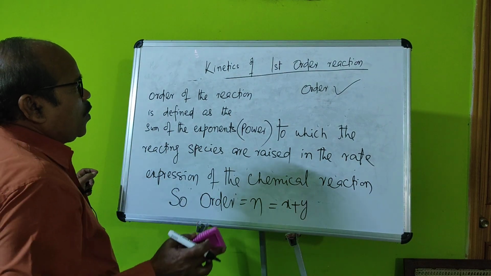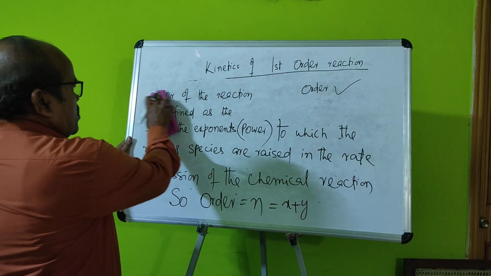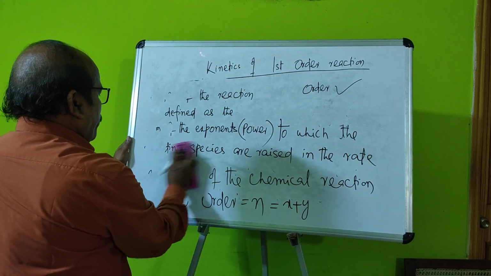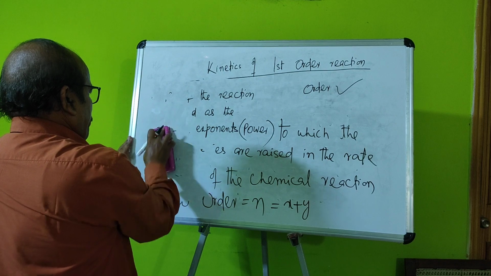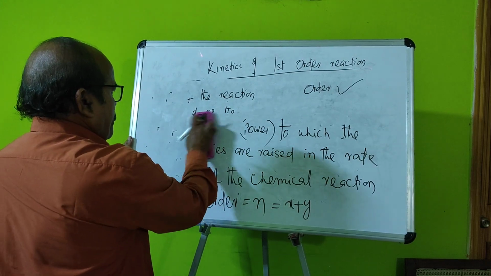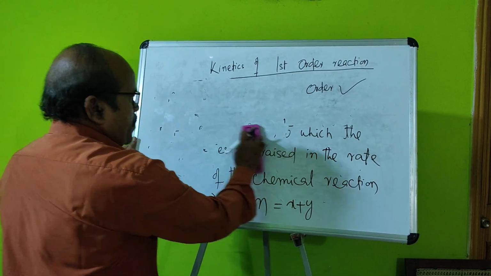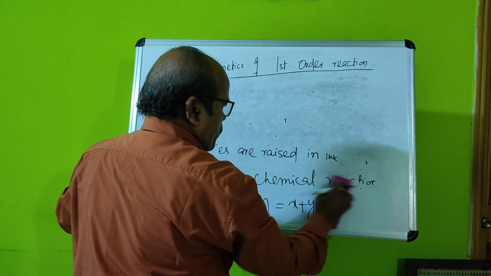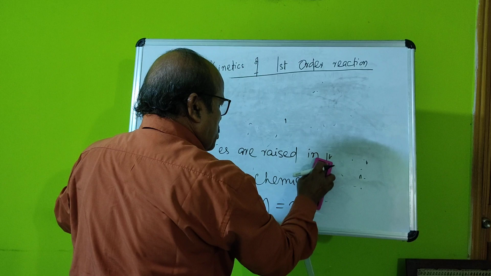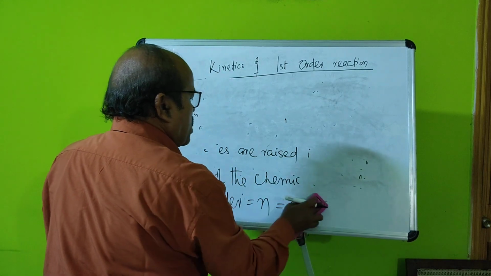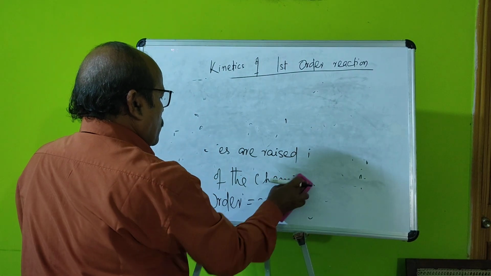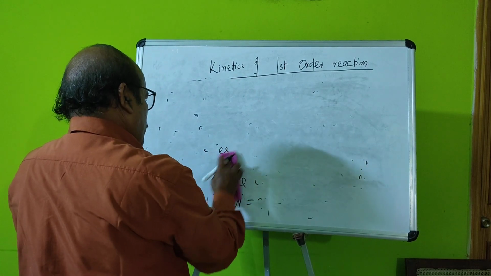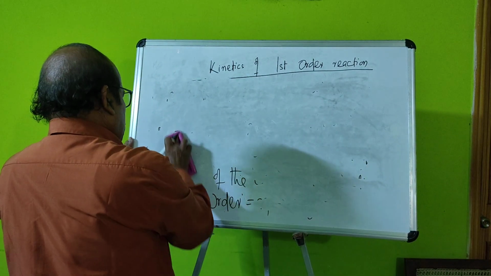Now I shall tell you kinetics of first order reaction. First order reaction is that reaction where the concentration of only one molecule will change. I shall tell you some examples of first order.